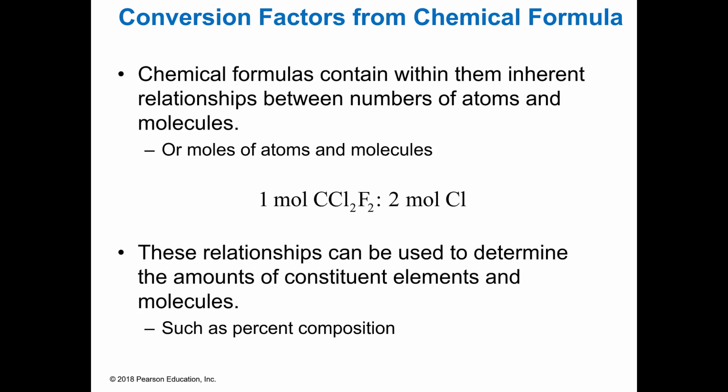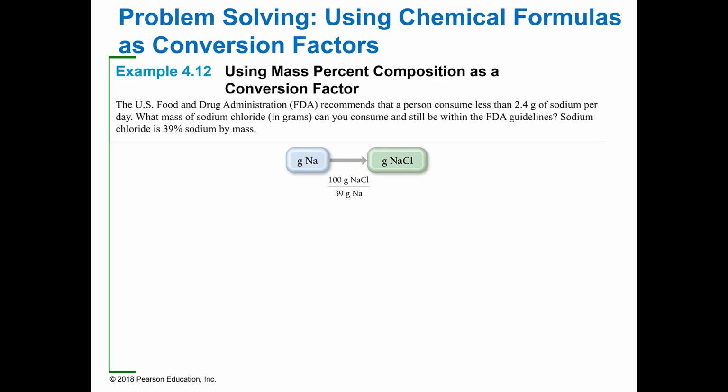The chemical formulas also give us the relationships between the number of atoms and molecules or the number of moles. And these relationships can be used to also figure out the percent compositions. So when you see percent, I want you to think of what a percent is, because that will help you quite a bit as you go through this.